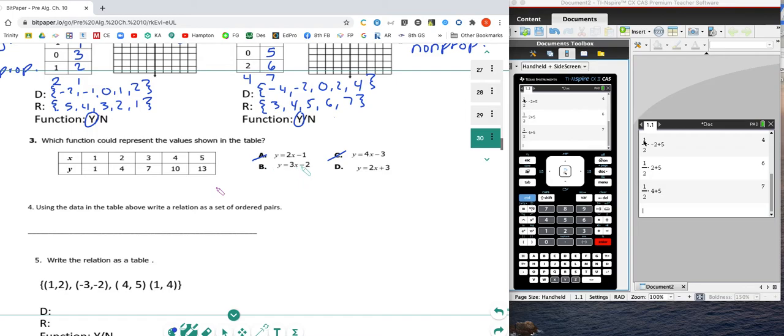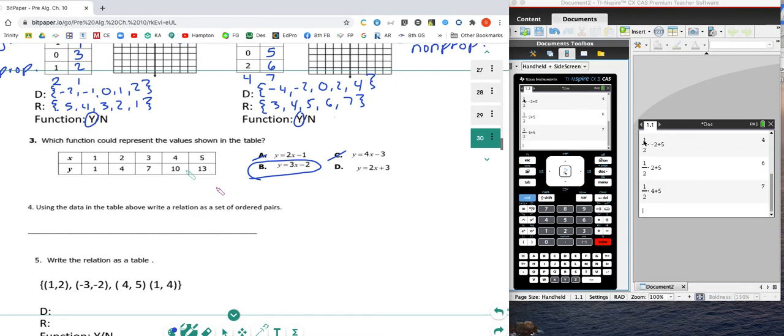That one works. 3 times 4 is 12. 12 minus 2 is 10. That one works. 3 times 5 is 15. 15 minus 2 is 13, so that one works. Every single ordered pair has to work if the equation is going to represent the data.